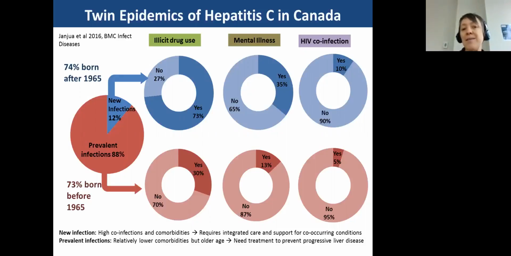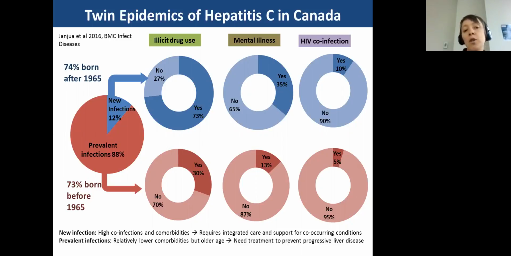We know 73% of them are using drugs, 35% have mental illnesses, and 10% have HIV co-infections, as opposed to the prevalent infection group, who are older and have a much lower rate of drug use and fewer co-infections and comorbidities.